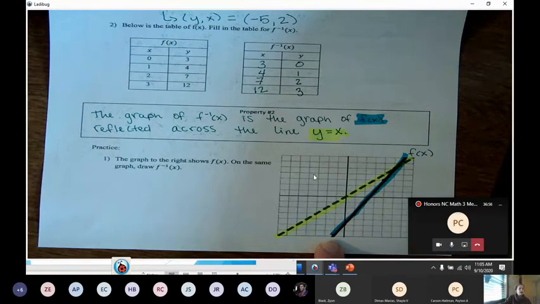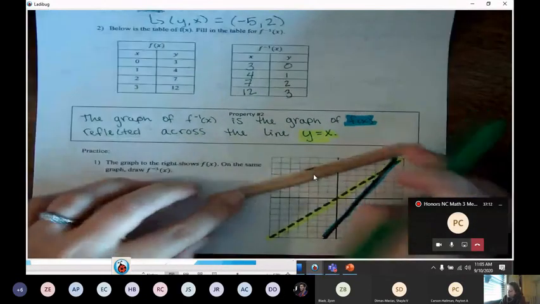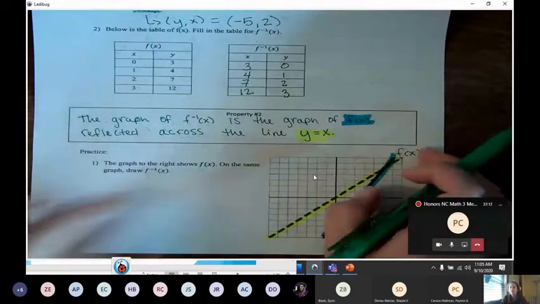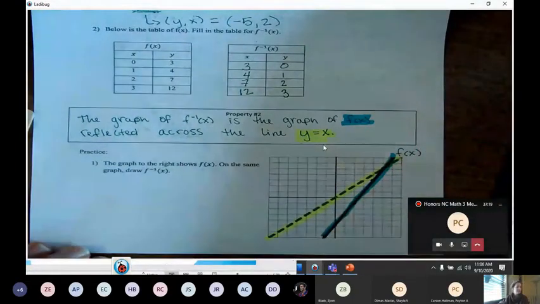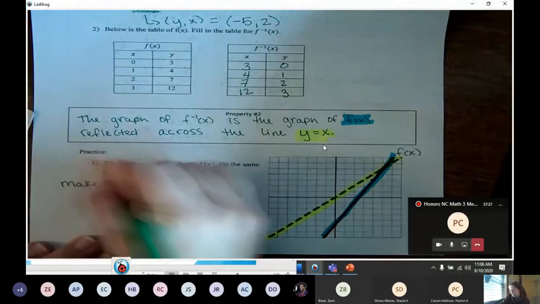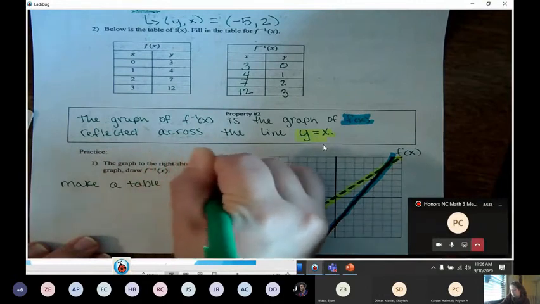It says the graph to the right shows f of x. On the same graph, draw f inverse of x. You could try to look at this and say, if I reflect across that line, maybe it would look something like this. You could try to estimate it, but I personally like to see exactly what it would be. So I'm going to make a table of point values.